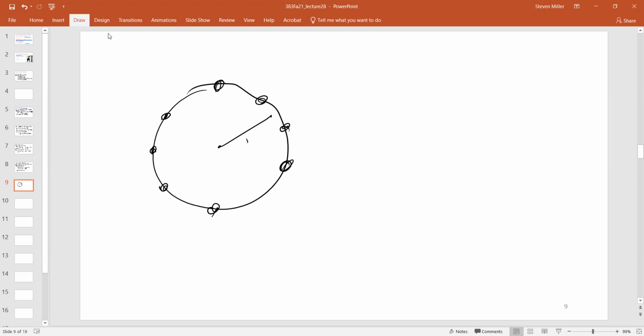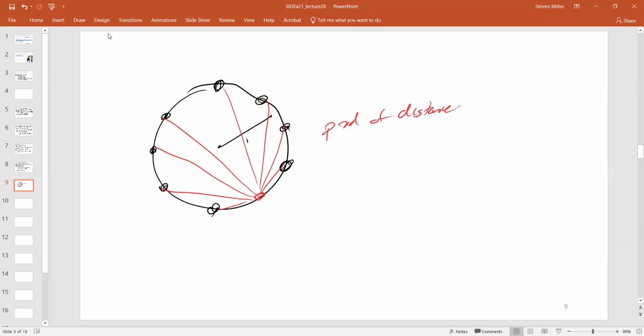And I claim, and again, maybe, that there's always one point Z star, let's say XY, such that the product of distances from XY to X1, Y1, dot, dot, dot, Xn, Yn is at least 1. These are arbitrary points. No matter what points you give me, I can do this.